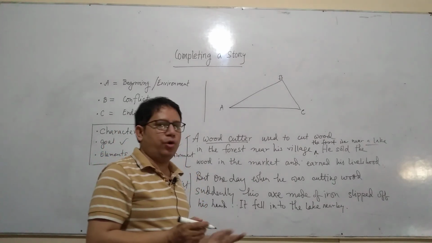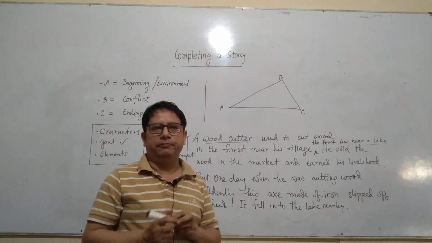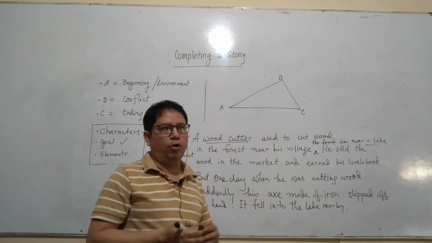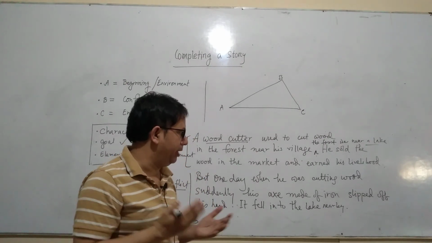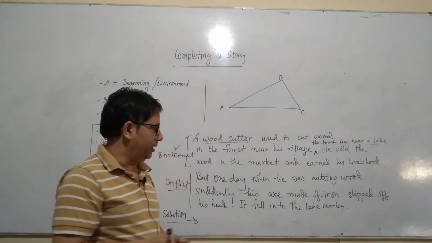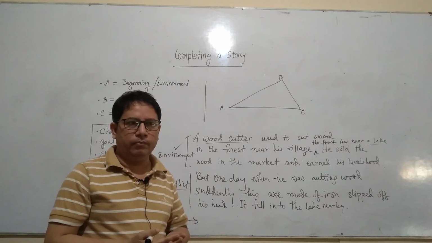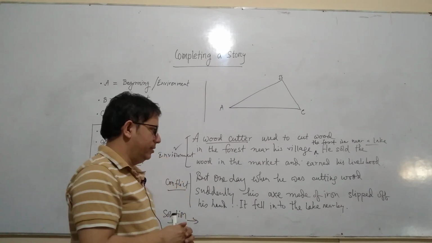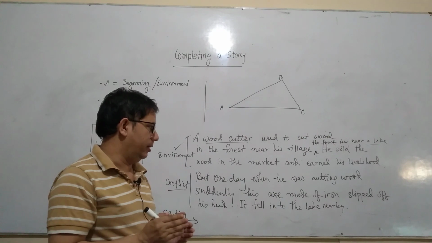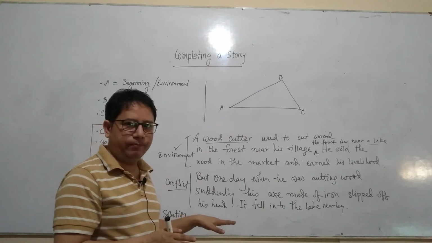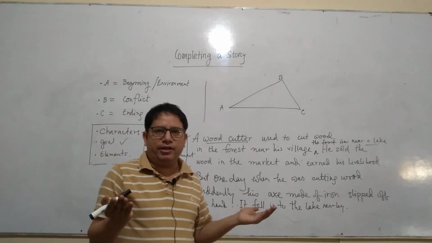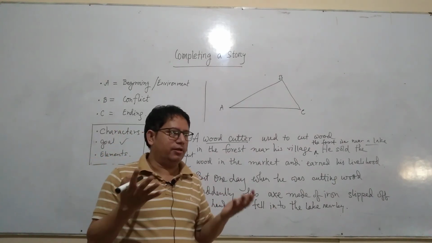As it is a story of fantasy, a miraculous story, you can create a fairy or genie like this for the fantasy story. So the woodcutter was in deep depression.